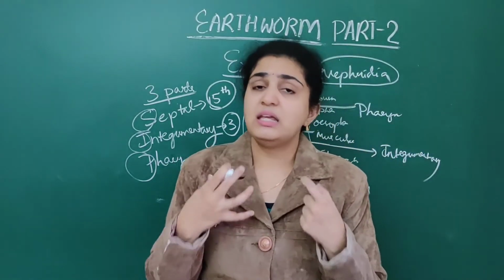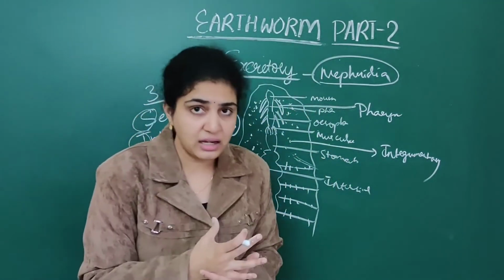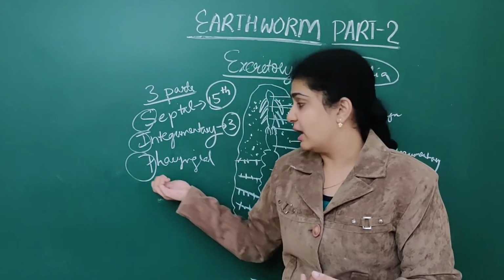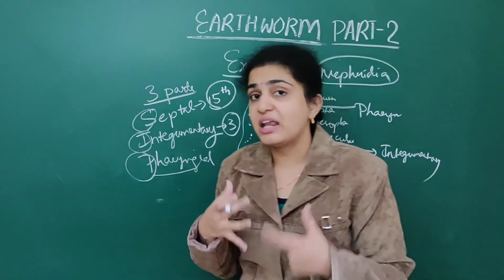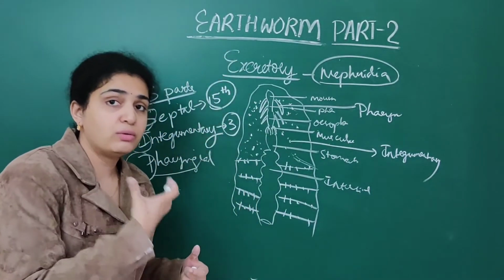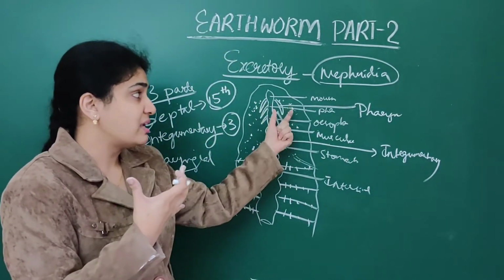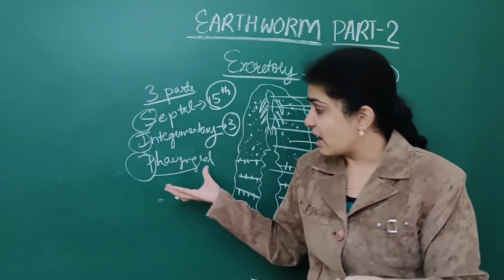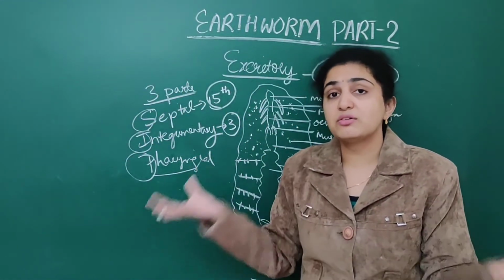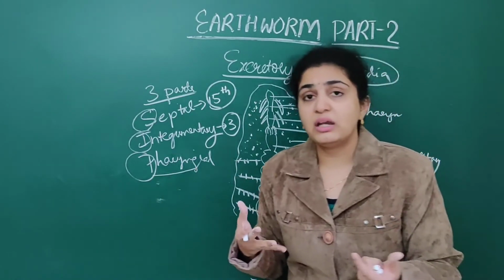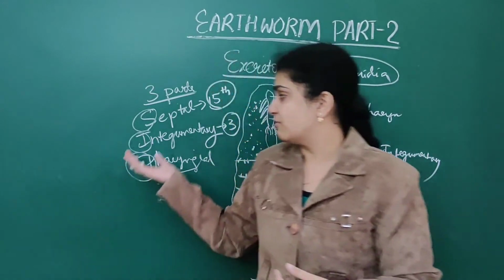You can easily remember: septal nephridia, integumentary nephridia, pharyngeal nephridia. Here by name only, pharyngeal means through the pharynx. It is nearly equal to the pharynx because the pharynx extends from the 4th to 6th segments, whereas pharyngeal nephridia are also present from the 4, 5, 6 segments only. So that's why by name it came like pharyngeal nephridia.